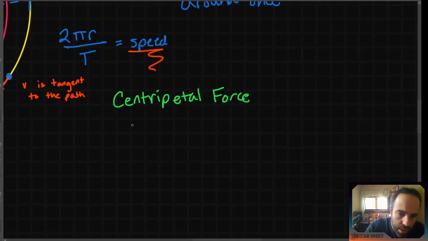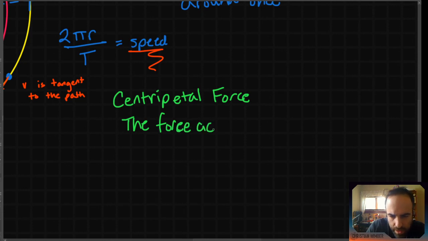So let's write this down. The force acting. I put these grids in here to hopefully help my handwriting. Actually they do seem to be slightly helping, but I'll let you be the judge of that.